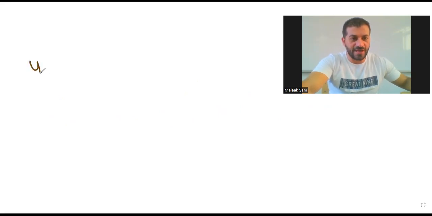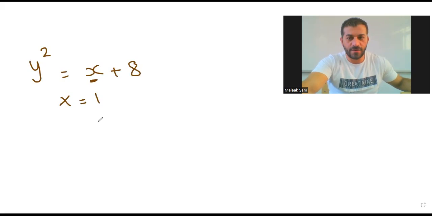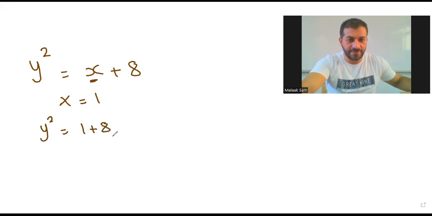But when we say y squared equals x plus 8, if I substitute x equals, let's say, 1, what is the value of y in this case? y squared equals 1 plus 8, so y squared equals 9. So we have two values for y, positive or negative 3.